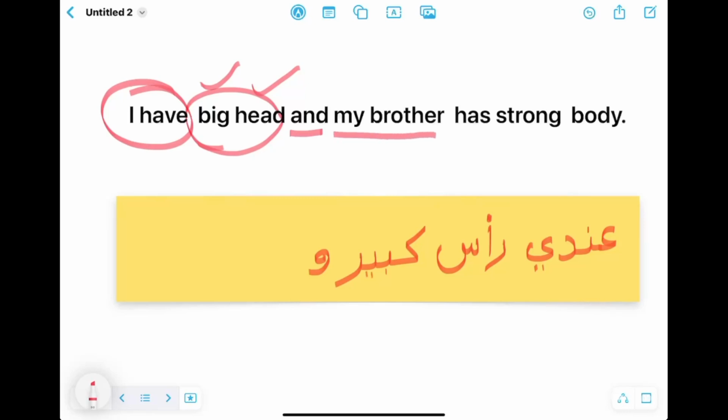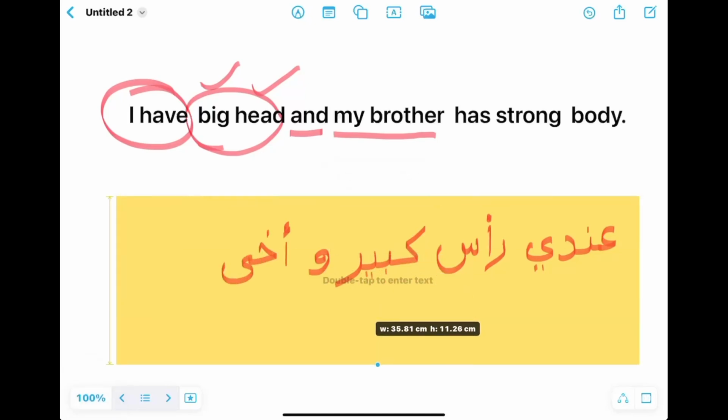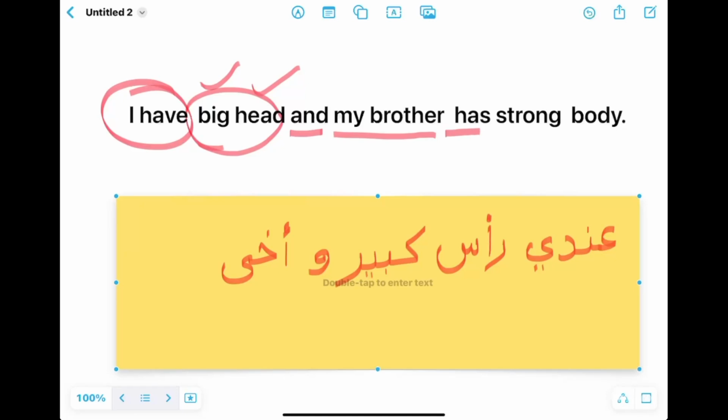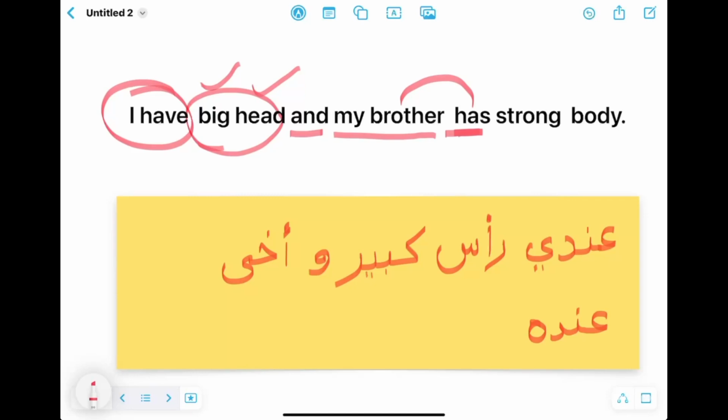And means wa. My brother. What is my brother? Akhi, right? Very good. Akhi. Next, has. That means he has. So how to write he has? In. In the hu. Very good. Strong body.